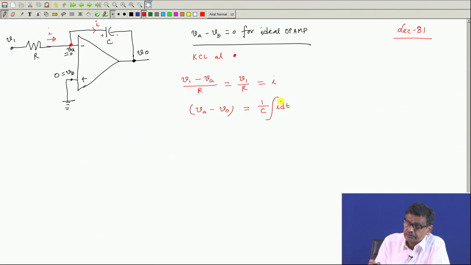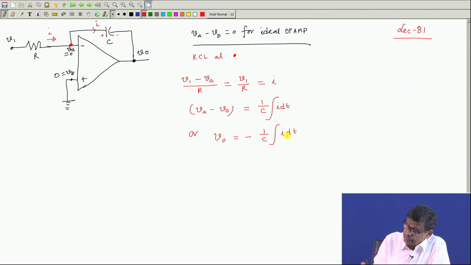This is how it will go, and I must be consistent, this is plus, minus. So, I going into the plus is to be integrated. If you integrate, you get the potential of this point with respect to this, but V A is 0, therefore V naught is equal to minus 1 over C into the integral of I dt.